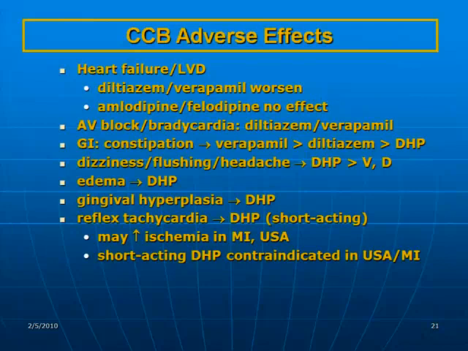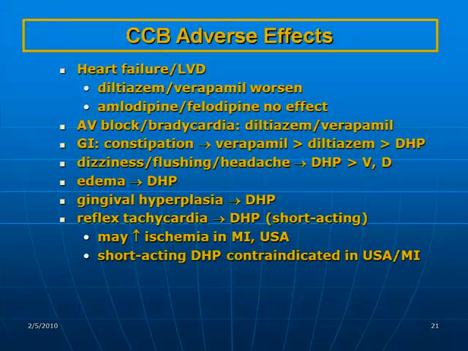The other effects of inhibiting calcium influx into smooth muscle, for instance, in the gut, in arteries, cause dizziness, flushing, headache, peripheral edema, gingival hyperplasia, reflex tachycardia. All of those vasodilatory kinds of side effects tend to occur more commonly with dihydropyridines. Now, the one exception is the effect on the gut.